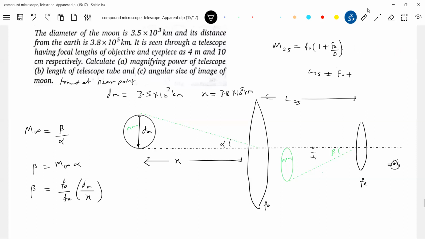F naught plus UE. This is the distance UE, no? And this image I1 we should not show, and this is at 25 centimeter, the near point. So how to calculate UE?